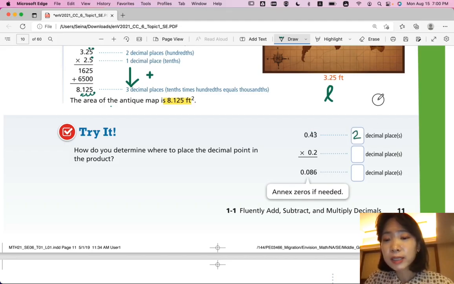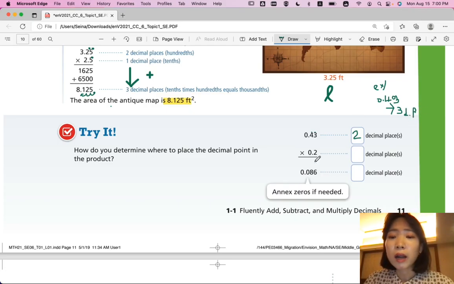So for example, if you have 0 in between, 0.403, for example, how many decimal places do you have? This would have 1, 2, 3. So in this case, if 0 is in between the digits, you count the 0 as well. This one has 3 decimal places. Okay? All right, 0.2 has 1 decimal place.